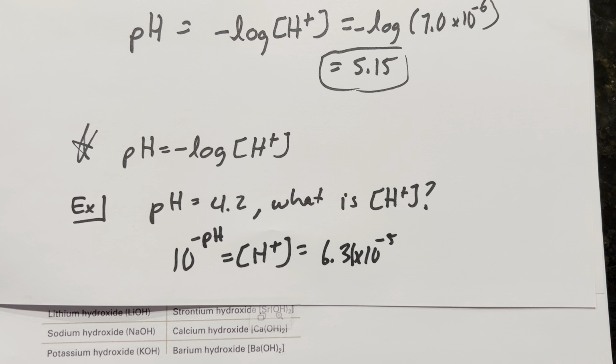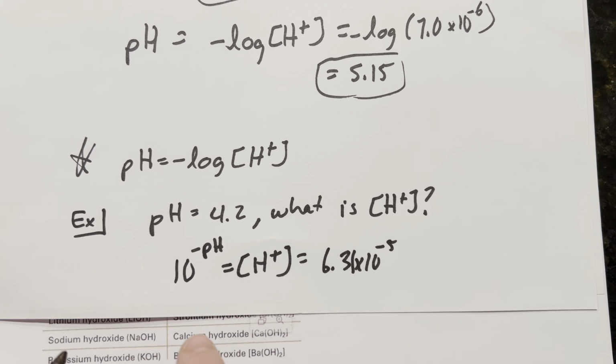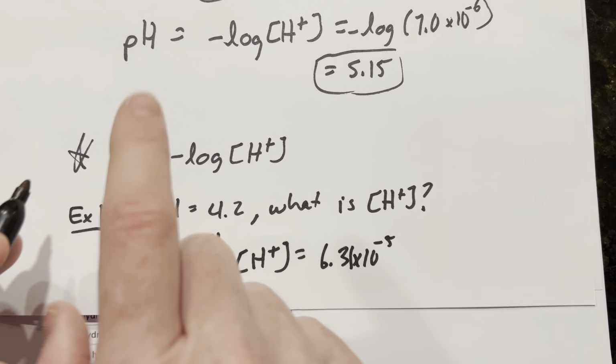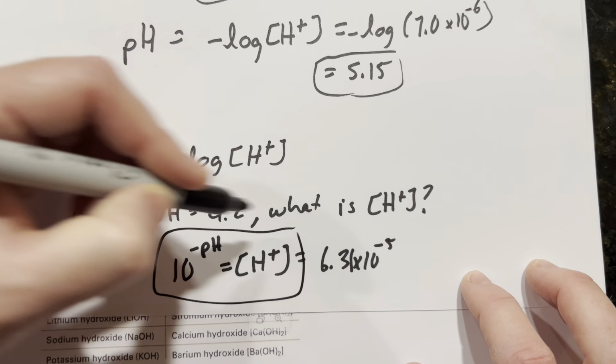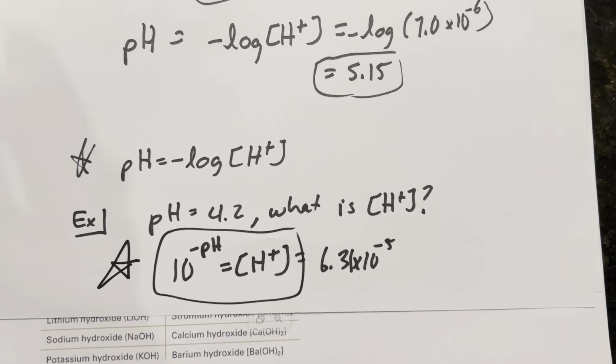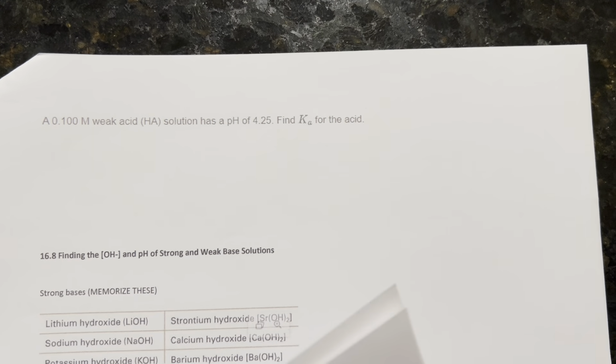So we can kind of go back and forth in each situation. Anytime you have pH, you can find H plus. Anytime you have H plus, you can find the pH. And this is how you do it. So this you might want to just memorize. All right. So back to this guy.